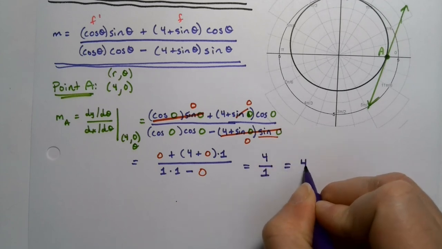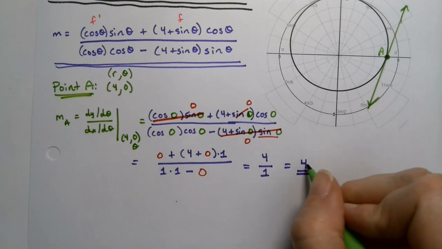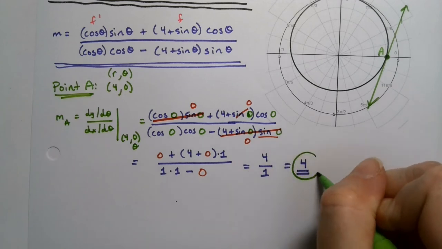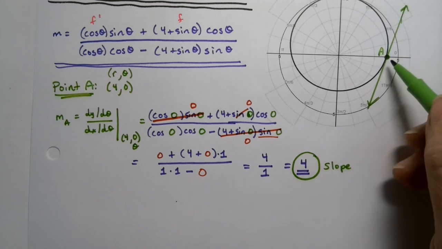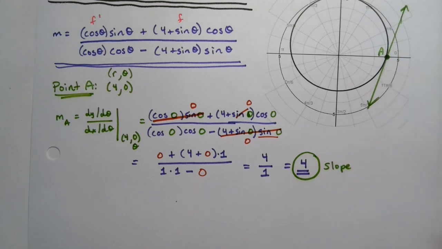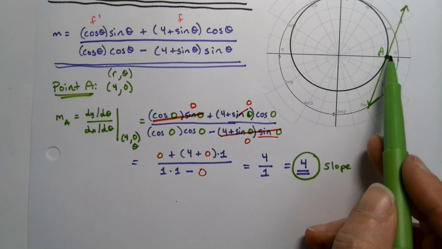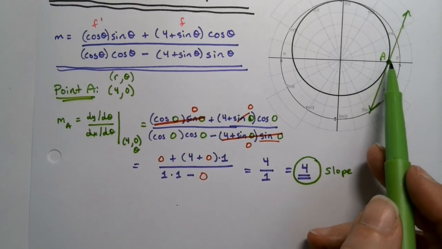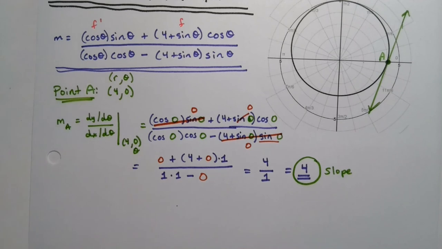That is a slope of 4. That line right there has a slope of 4. Now, they didn't ask for the equation of the line, but I could do it if I knew a Cartesian point for (4, 0). But it already is a Cartesian point. So let's make a note real quick. They didn't ask for it, but I could do it.